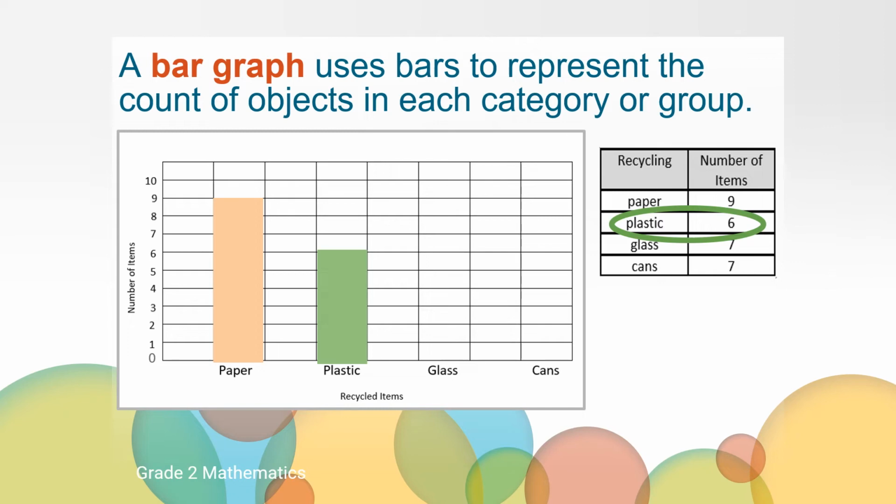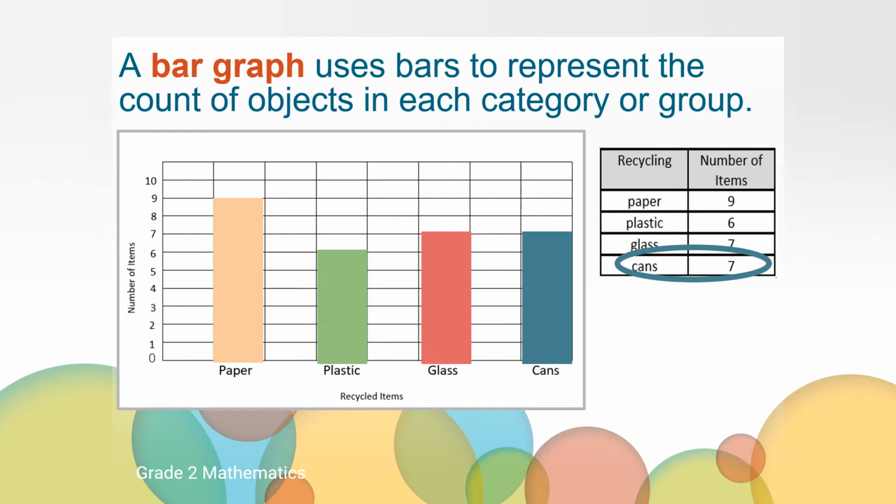There were 7 glass items, so the bar should go up to the 7. Cans also had 7 items, so it will also go up to 7. Now that we have all of the data represented by the bars on our graph, there's one more thing we need to remember to do.